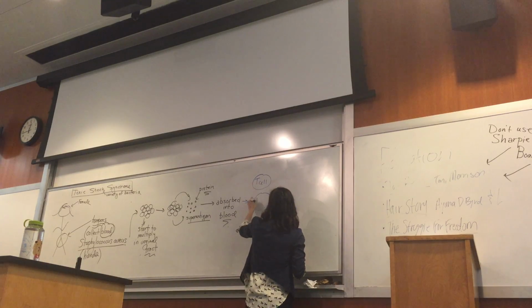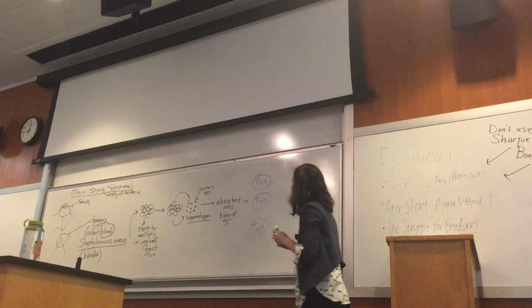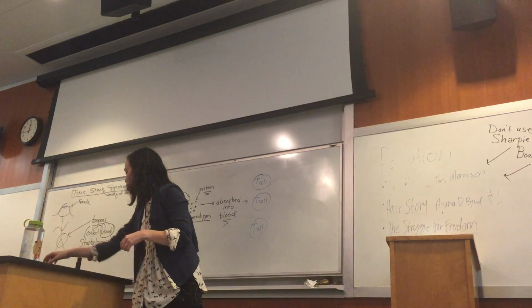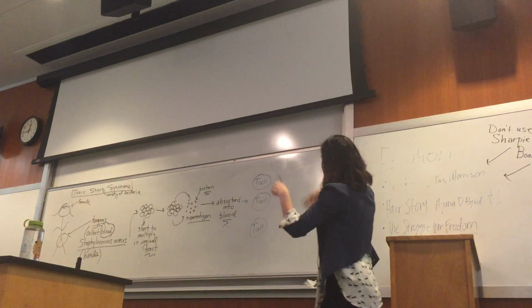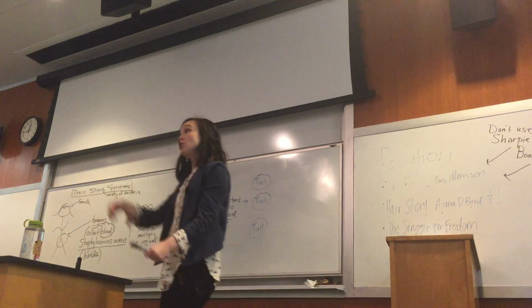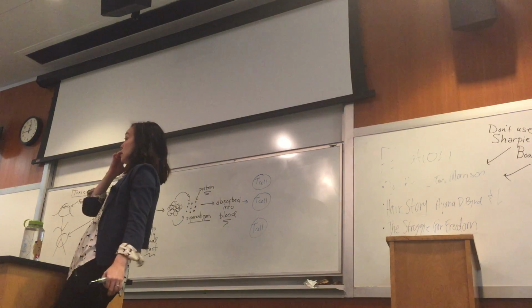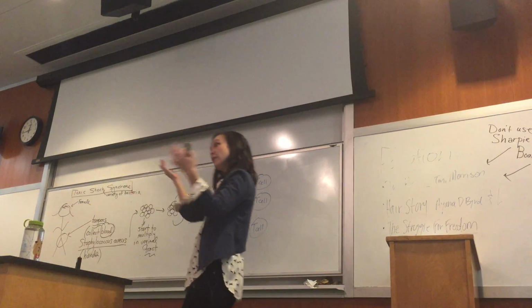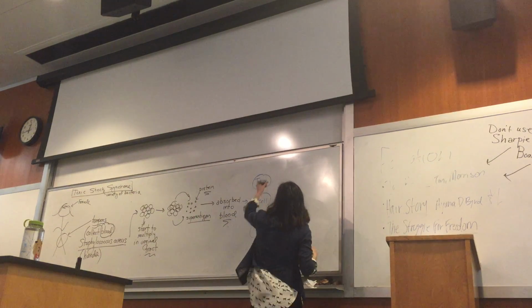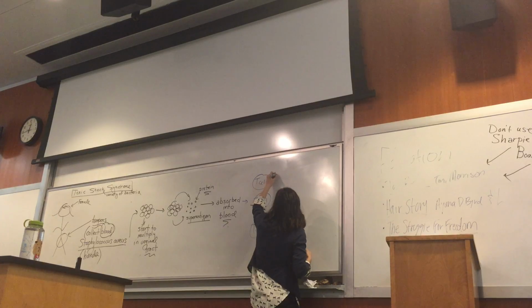A T cell is a type of white blood cell that you find in your blood. And we're going to talk about this in the immunology section later on, but T cells are coated with little receptors. Like one of them is CD4. We talked about that with HIV.